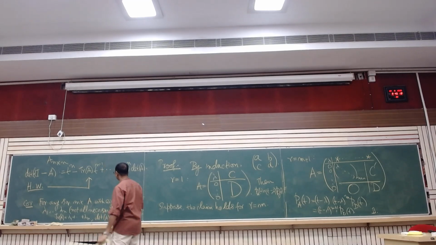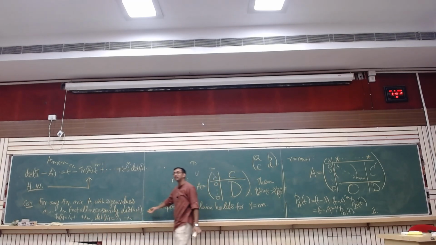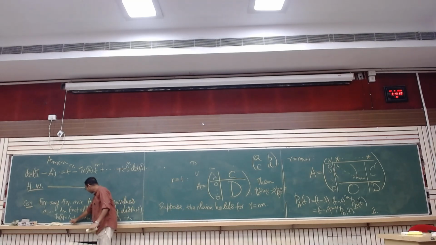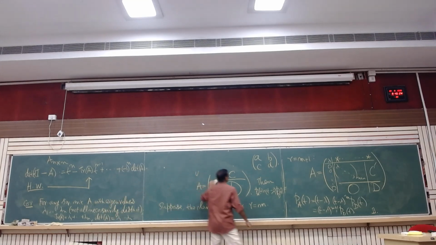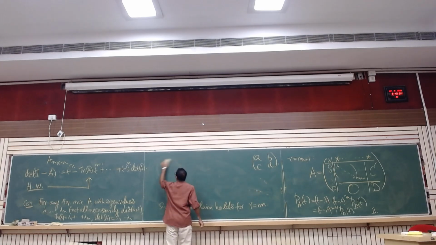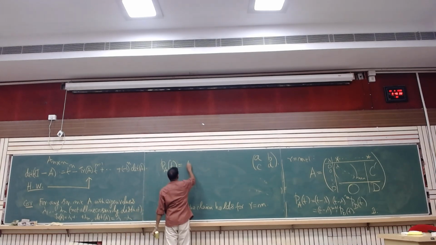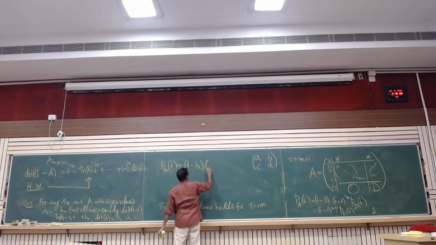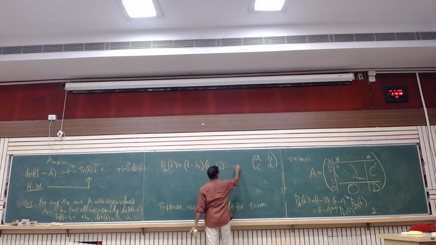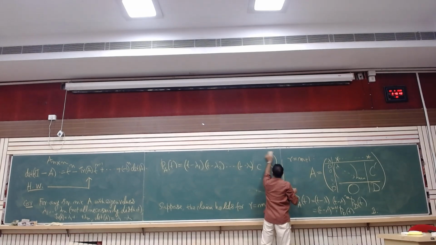Exactly, yeah. So, lambda 1 to lambda n are just the roots of the characteristic polynomial, right. So, you may write P_A(T) as T minus lambda 1 times T minus lambda 2 dot dot dot T minus lambda n, right.